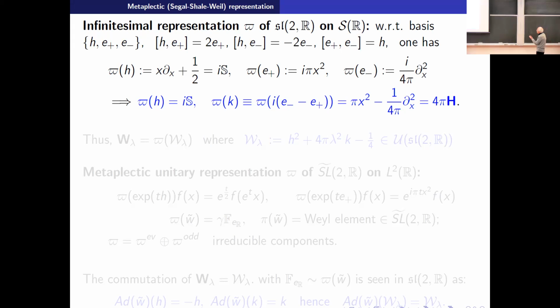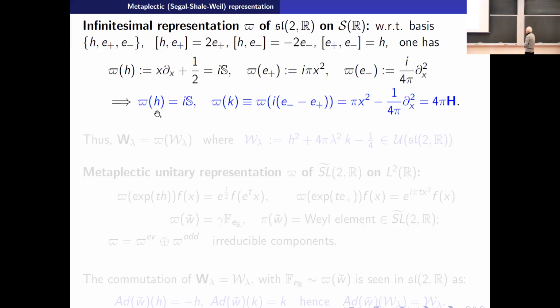So you see, that's a sort of unusual representation, because usually you expect the Lie algebra to go to differential operators of order 1, because you start with the Lie algebra, not with the higher parts of the universal enveloping algebra. The metaplectic is special, and it takes care of the 2 parts of the prolate operator.